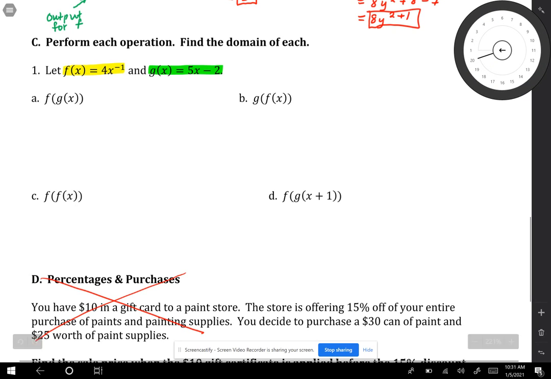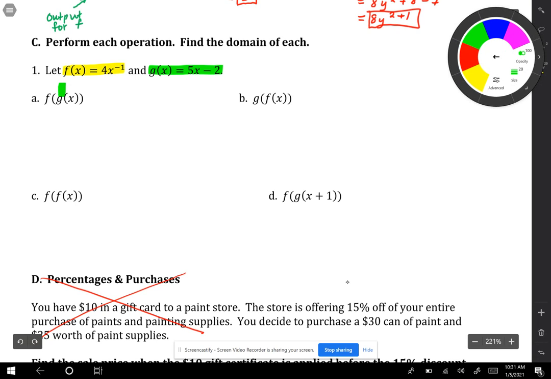We are always going to start in the innermost parentheses. All right, so this is our input. Also, pay attention. This g of x is the exact same thing as that. So you're just going to replace that with 5x minus 2.